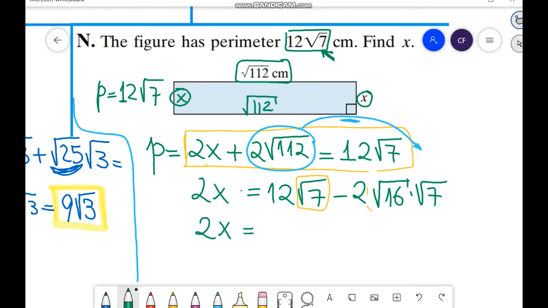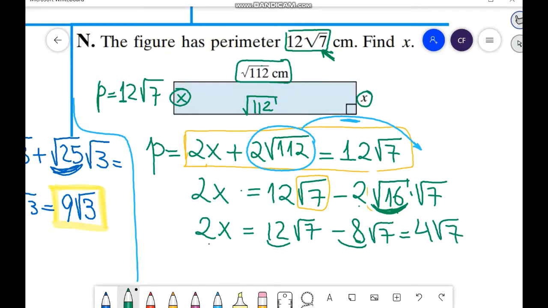So 2x equals 12 square root of 7 minus 2 times the square root of 16. The square root of 16 is 4. 2 times 4, 8. 12 minus 8, 4 square root of 7.